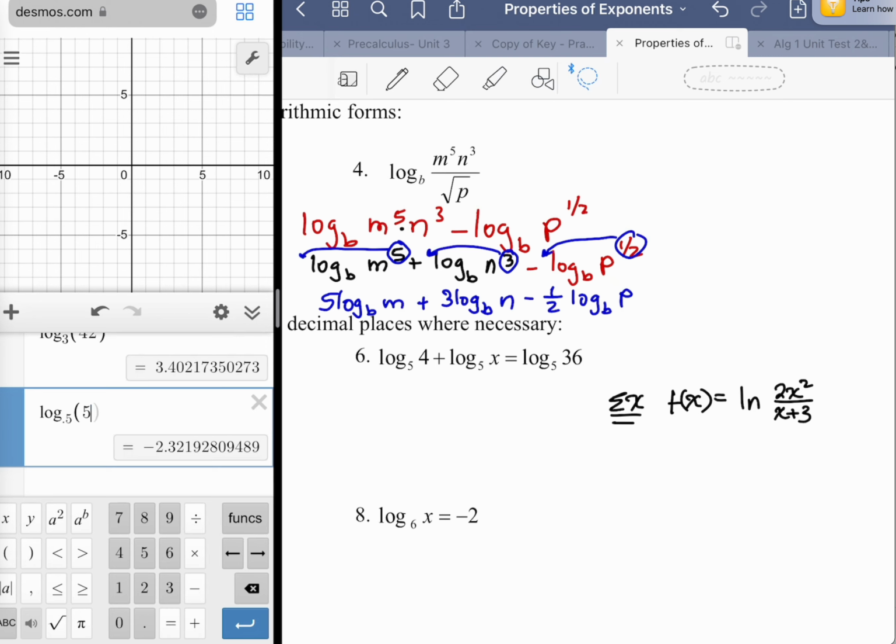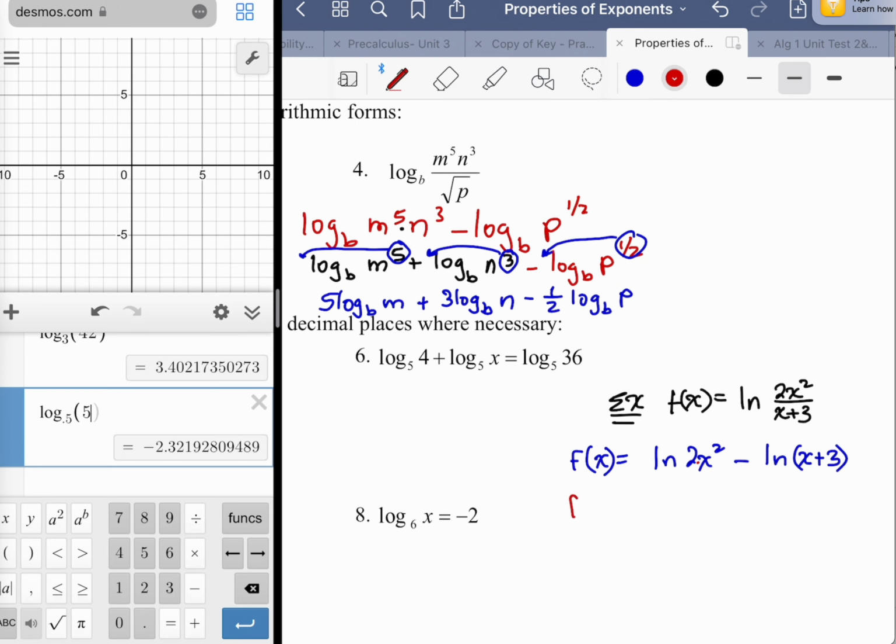So what I would do here is look at this and say, all right, I got f of x is equal to the natural log of 2x squared minus the natural log of x plus 3. I see a product here of 2 and x squared.